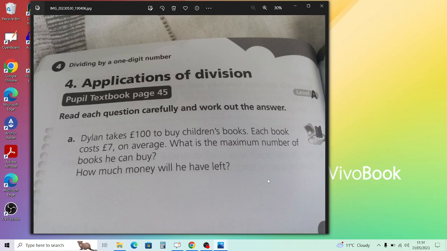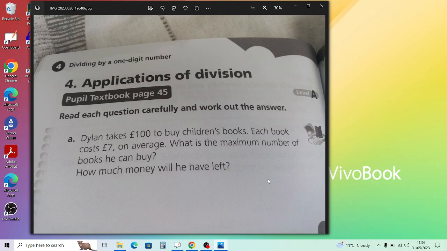She puts them in vases with 5 flowers each. What is the smallest number of vases she needs? It'll be 114 divided by 5. And if she wants to make sure they all fit in a vase, then you need to have an extra vase to put the remaining flowers in.